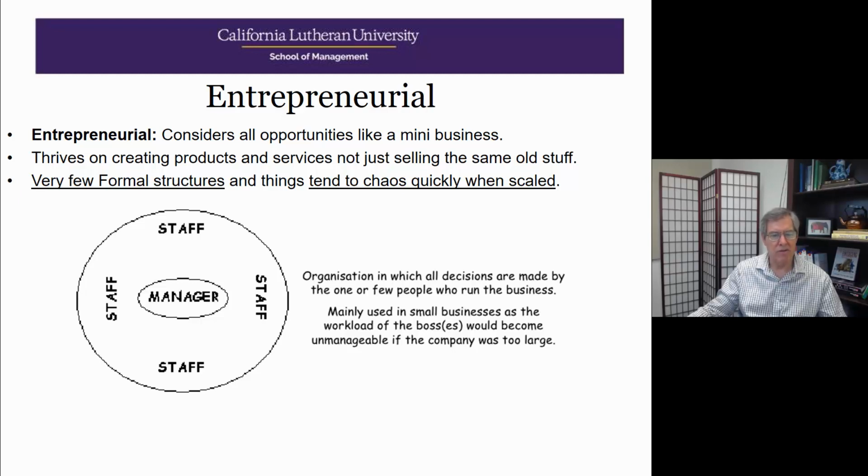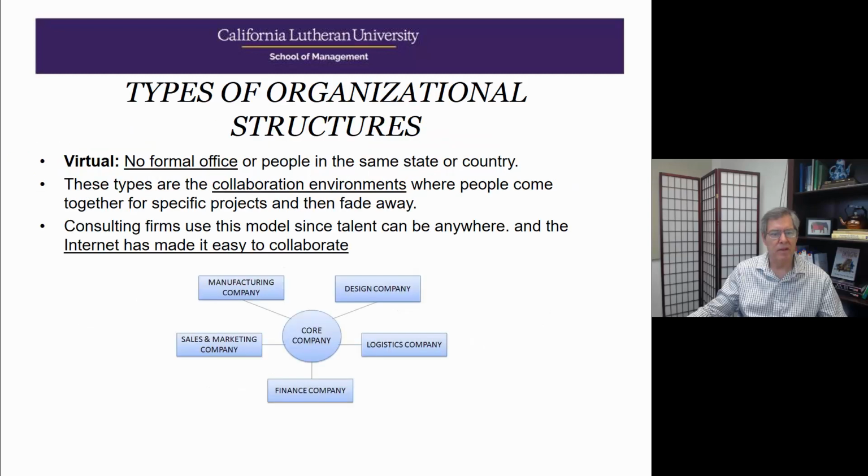This works for a much smaller organization. So then we have the virtual organization. No formal office or people in the same state or country. These types are the collaboration environments where people come together for specific projects, then fade away. Consulting firms use this model since talent can be anywhere and the internet has made it easier to collaborate.